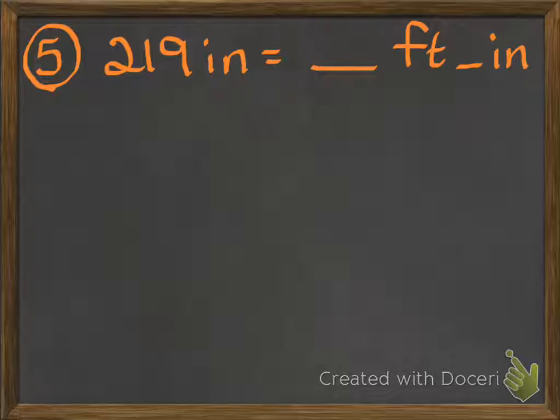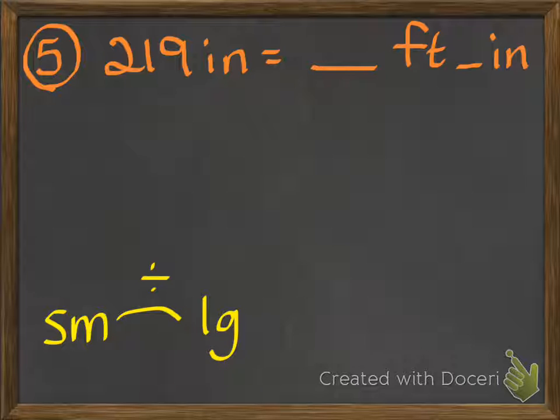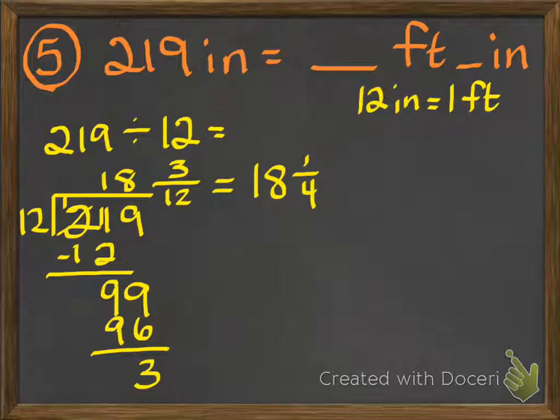Number 5, 219 inches equals how many feet and how many inches left over? Remember, when you go from a smaller unit, like inches, to a larger unit, you're going to divide. Okay, so I had to remember that there are 12 inches in 1 foot. I'm using division because I'm going from smaller units to larger units.